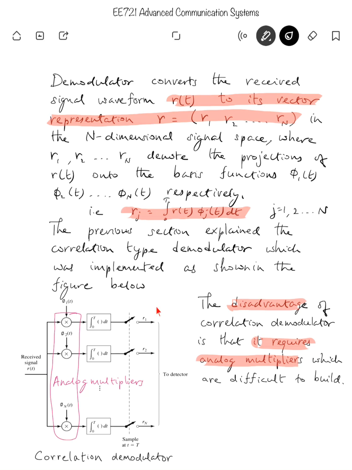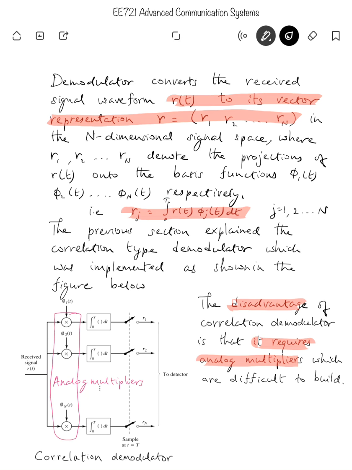We want to go from R of t to these vector elements or projections r1, r2 up to rn, but we want to do it without the use of these multipliers. Okay, so that's the alternative design that we are going to discuss today, because the presence of these multipliers becomes a disadvantage for the correlation demodulator.